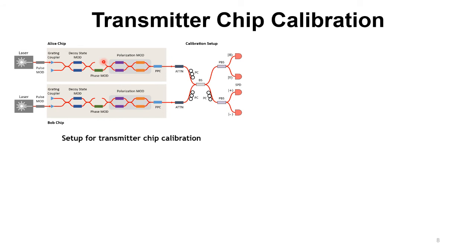We calibrate the MDI-QKD transmitter chips using a fiber-based polarization alignment system. The calibration setup consists of a 50:50 beam splitter for passive selection of the measurement basis. One output of the BS is connected to a PBS to measure the horizontal and vertical polarizations, and the other output is coupled to a PBS to measure plus and minus polarizations.